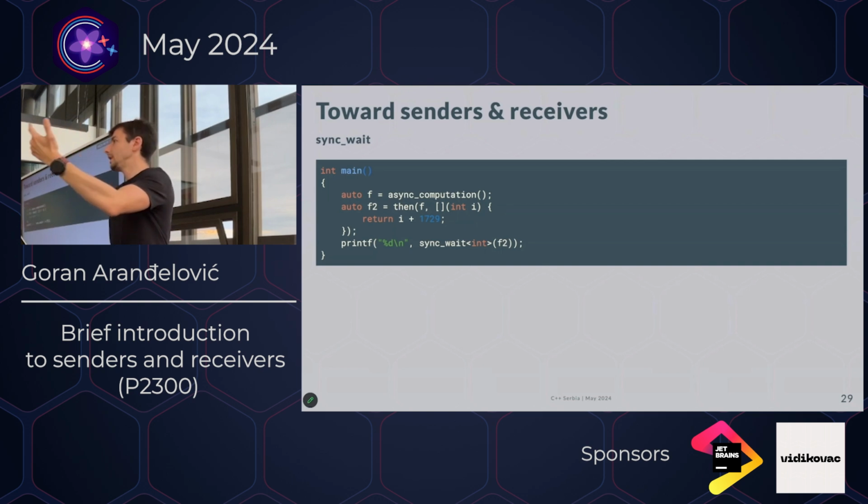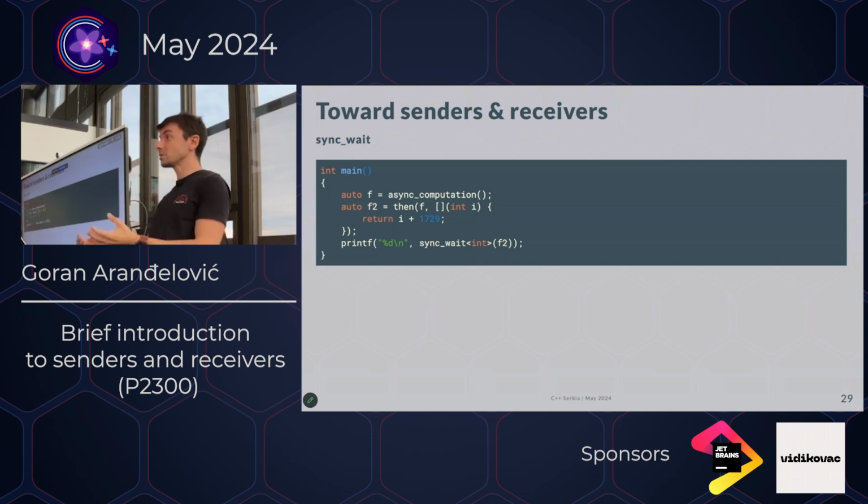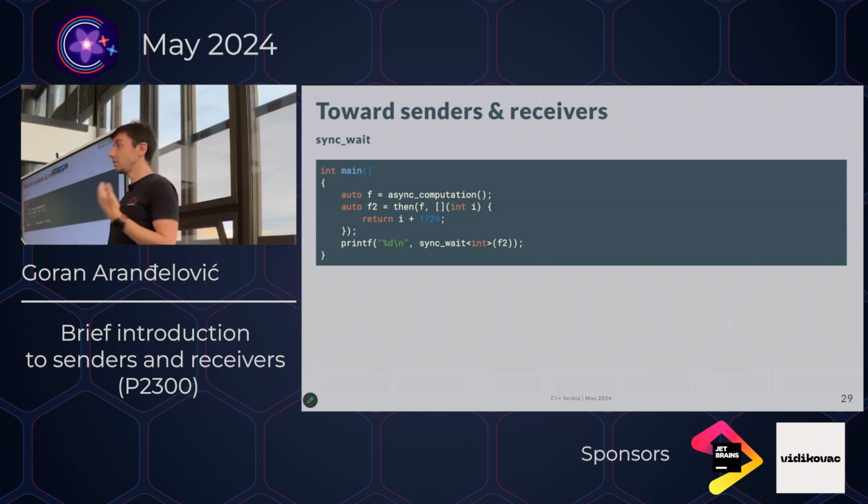So you don't need to particularly wait for it. You can schedule it, and if it's possible for that scheduler, which is attached to a particular executor, to run it truly in parallel, let's say by assigning it a separate thread, it will be executed immediately. You don't need to call sync wait for that.